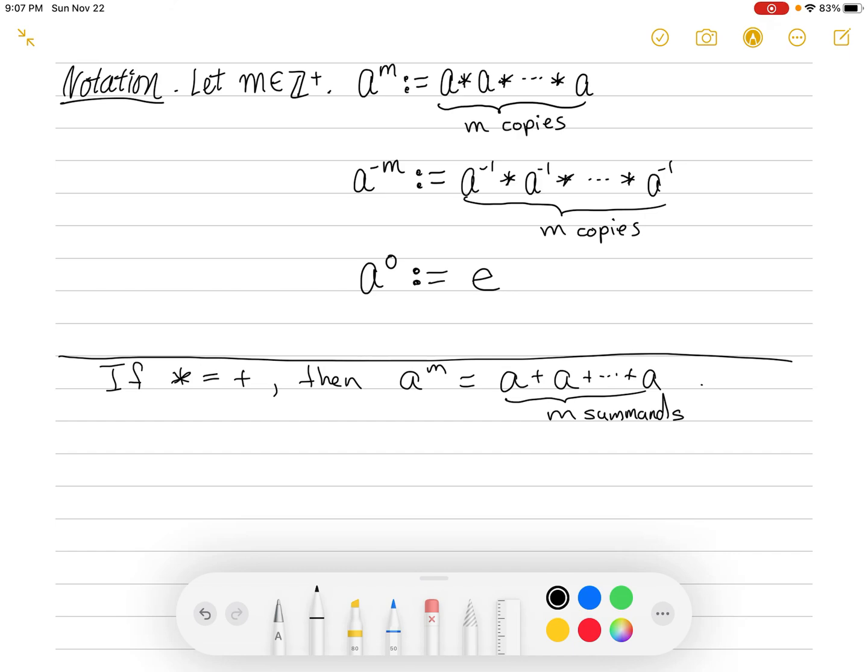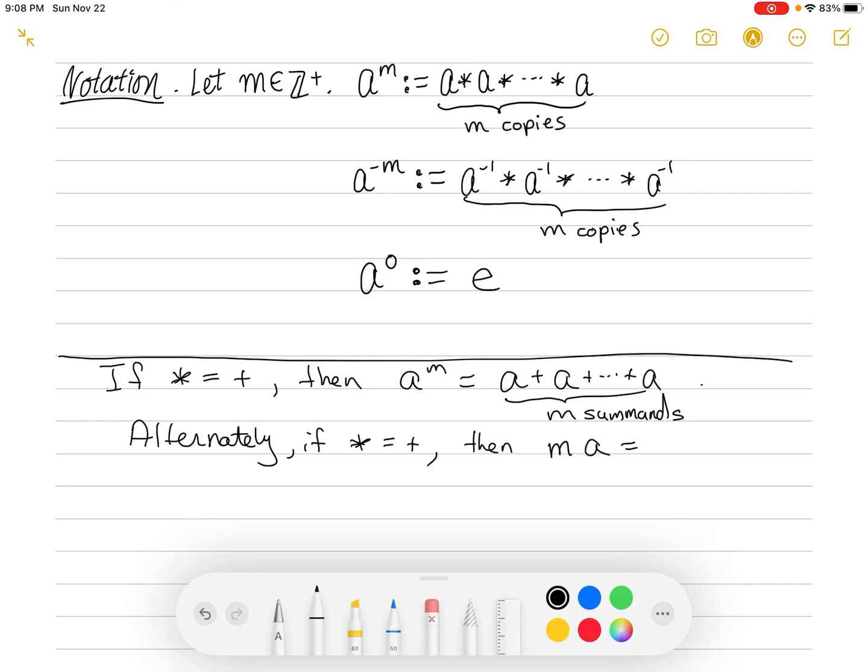Most of the time, though, in your book, alternately, if the star operation is addition, oftentimes you'll see this notation, you'll see ma instead. That's a better notation in my opinion, ma, because what does that mean?